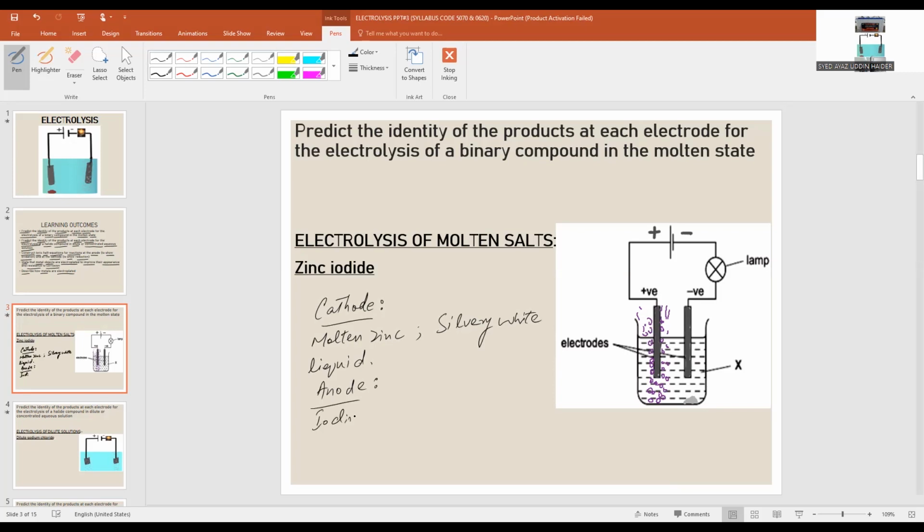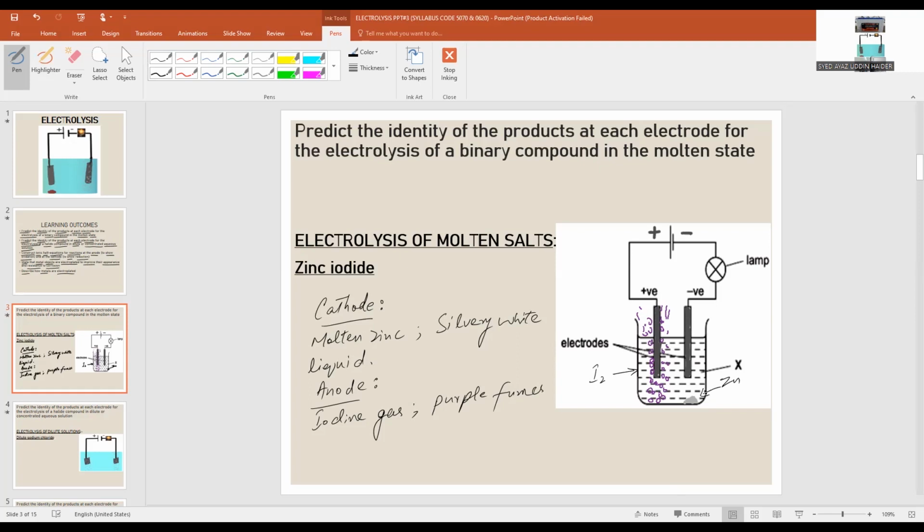Iodine gas, and the appearance will be purple fumes. So these are I2, iodine, and this is zinc.